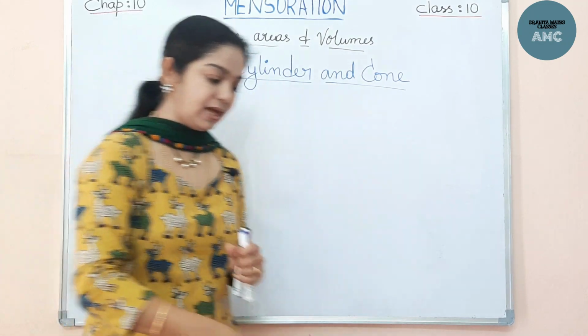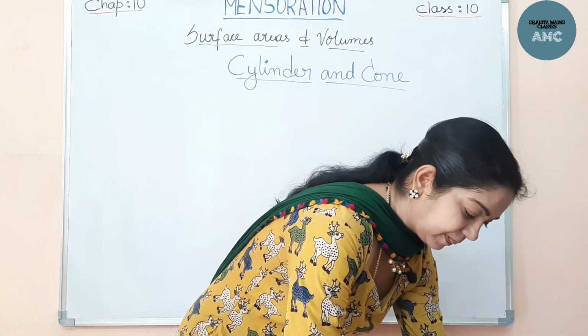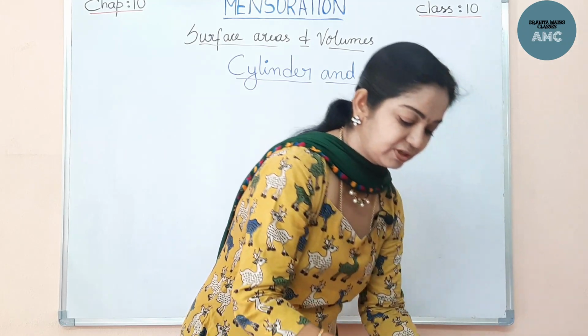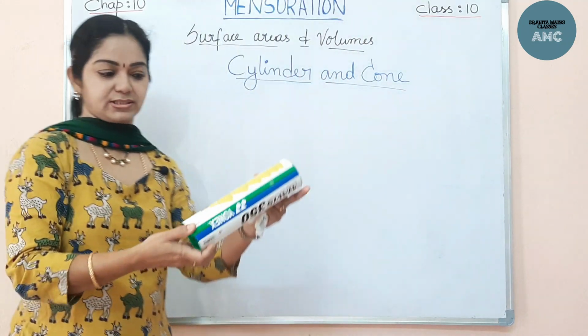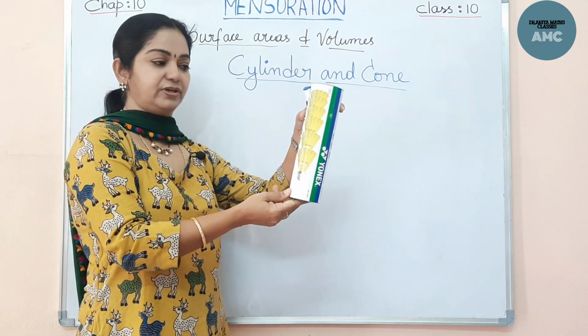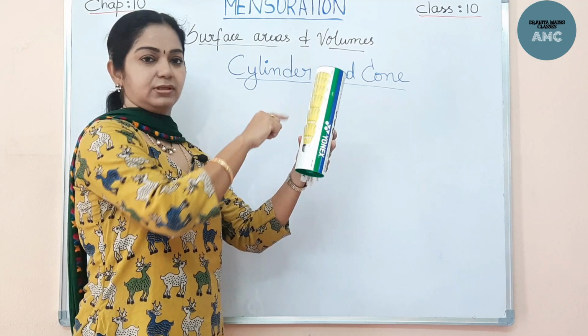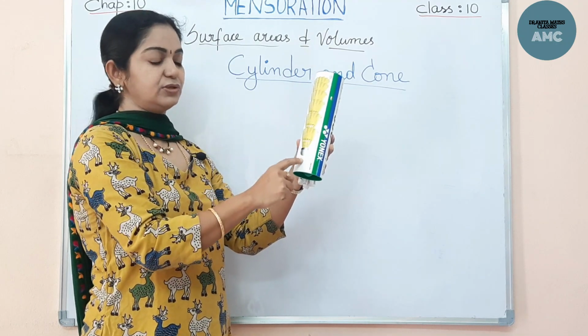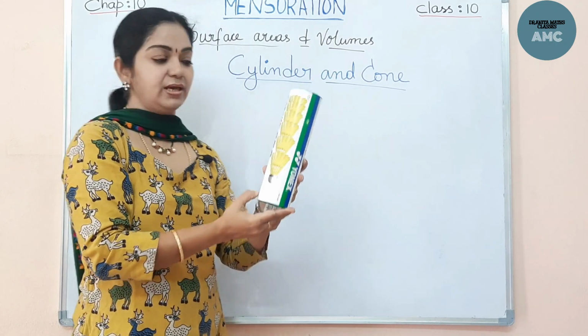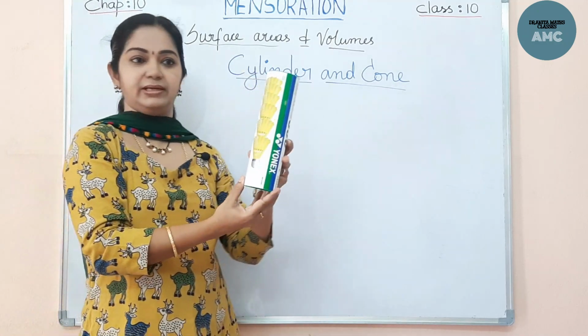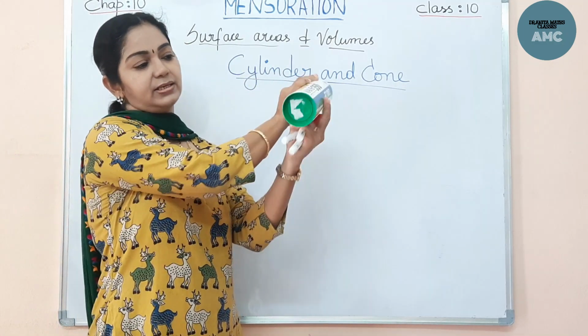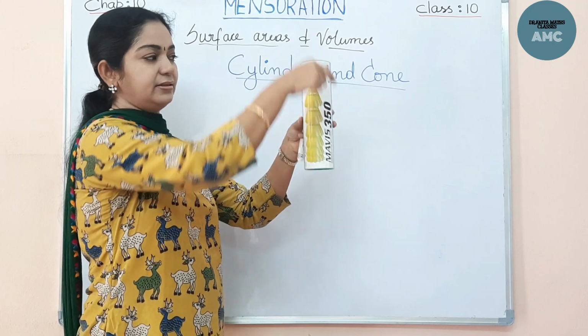Now for example, I'll give you an example of a cylinder. This is a solid figure, not a box. Here this is a cardboard box which is used to place the shuttlecocks. So this is in the shape of a cylinder. You can clearly see there are circular bases and a curved surface.